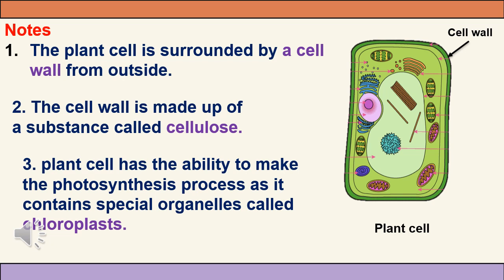Definitely no. The plant cell is covered by the cell wall. This cell wall is made of cellulose. And the plant cell also has the ability to make its own food because it contains organelles which are called chloroplasts. Repeat after me, chloroplasts.